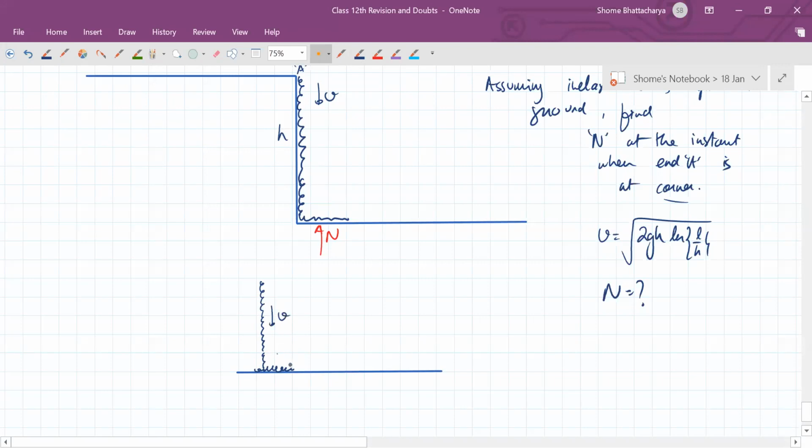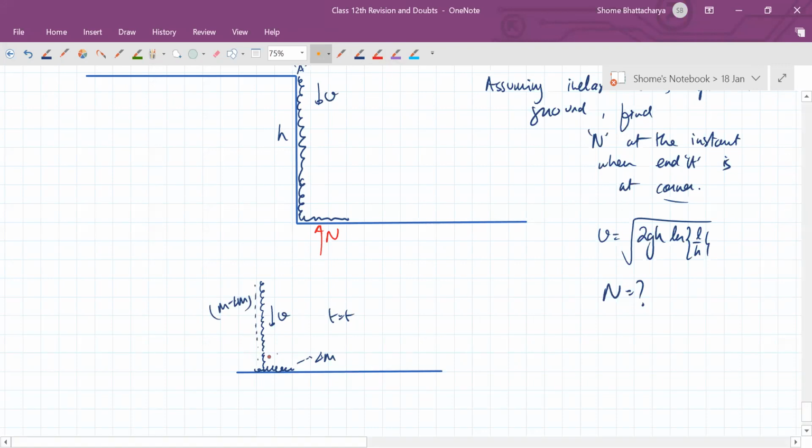It's not a constant mass system. So at this instant t equal to t, this has a mass, let's say delta m, and this has a mass m minus delta m. I'm just explaining the general thing first, then I'll come back to this.